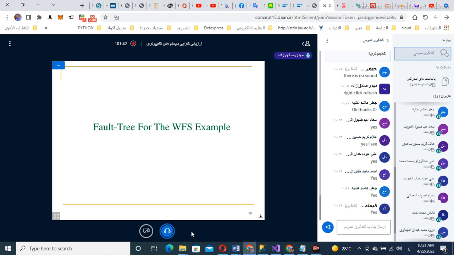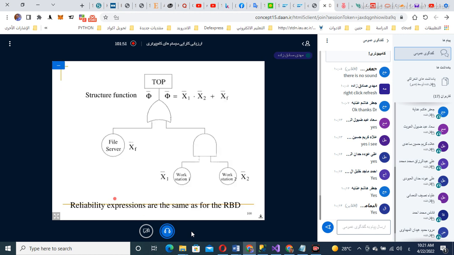Fault tree for the workstation file system, the example that we saw before. We have a file server, and because workstation 1 and workstation 2 are parallel, that is AND here, and because the file server and workstations are in series, that is OR. You can see x1 bar, x2 bar and xf bar.